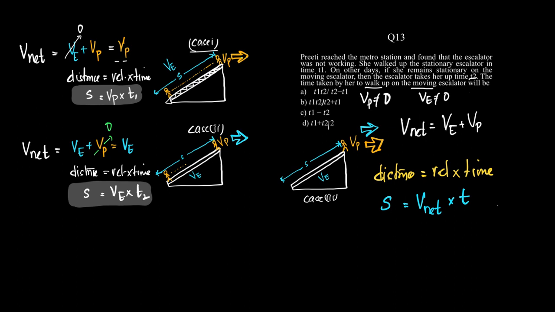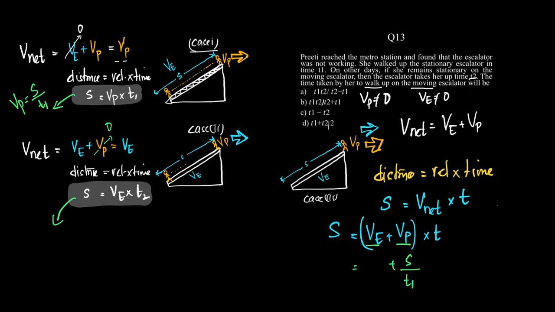Now, what is V net? V net is Ve plus Vp, the whole into t. Now, what is the value of Ve and what is the value of Vp? From the first equation, Vp is equal to S by t1. So here we can write Vp is S by t1.